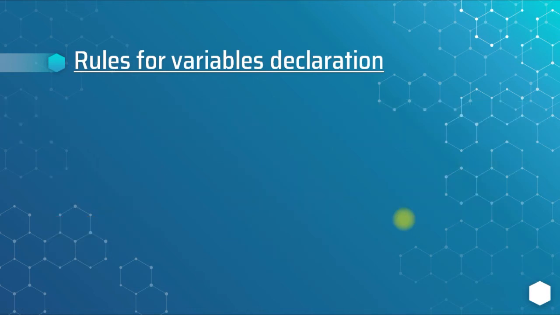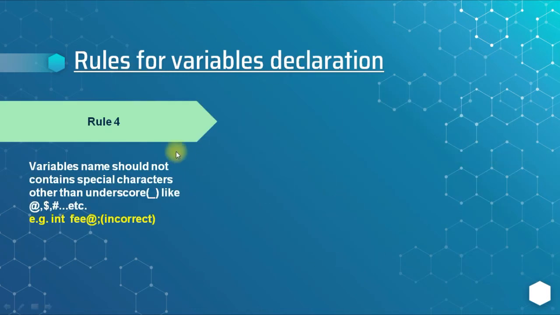What are the next rules? Rule number 4: a variable name should not contain any special characters other than underscore, like @, dollar, hash, etc. For example, if we declare a variable of integer type, namely int fee.